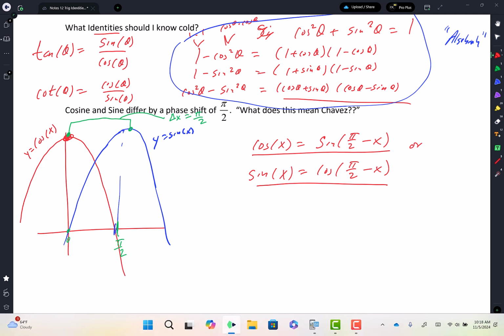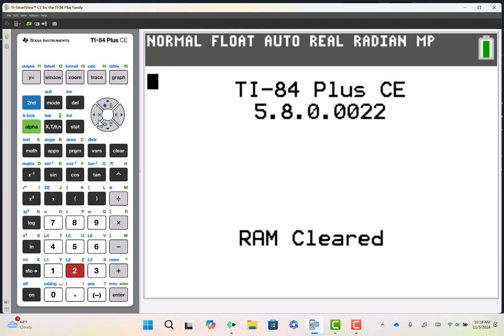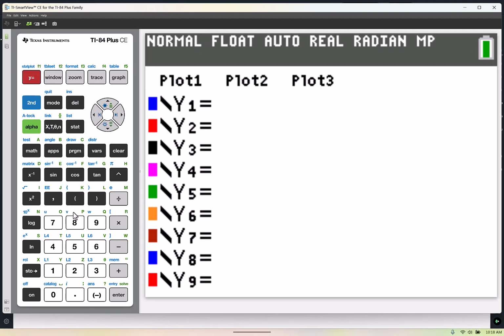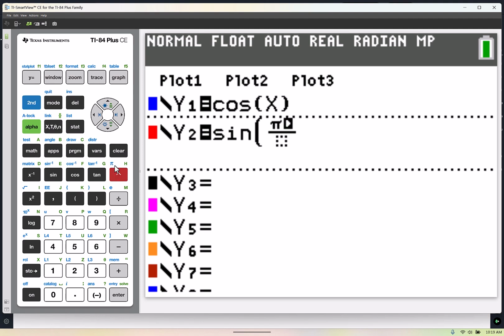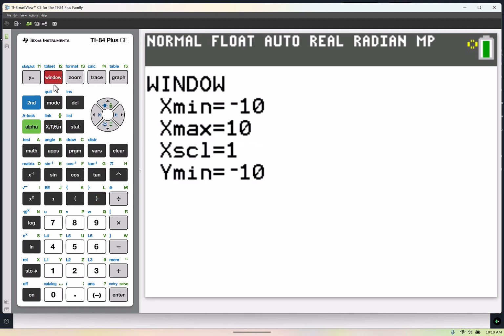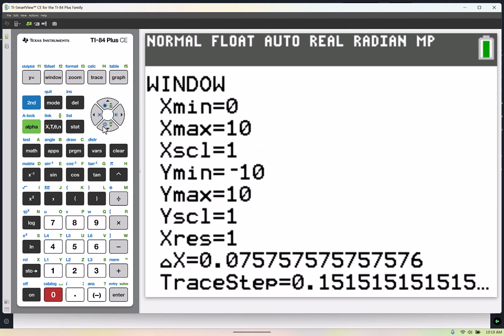Now check it out. I'm going to take my calculator and go to y equals. I'm just doing this to show you guys. Look, cosine x, and I'm going to write sine of, pi over 2 there. Close it. Minus x. Check it out, guys. Window 0 to 2 pi.